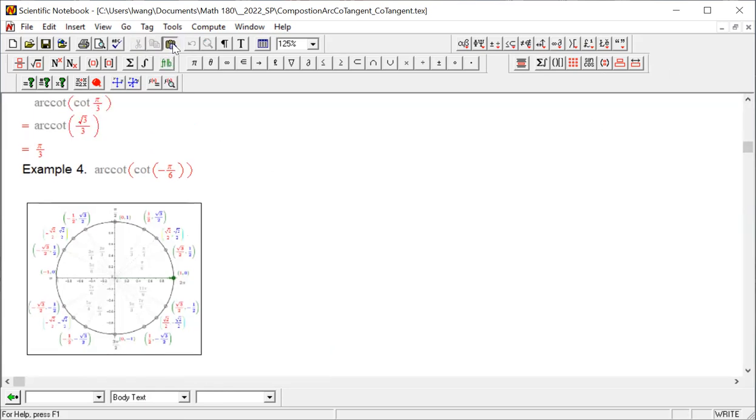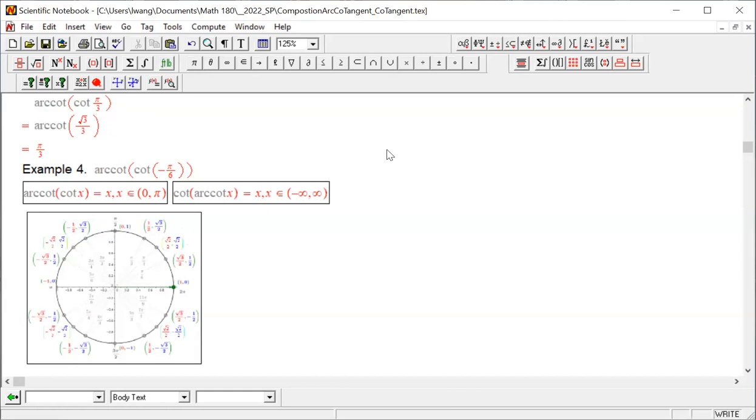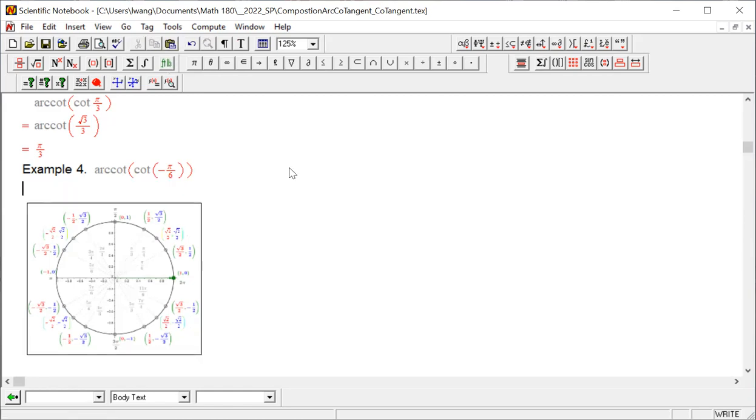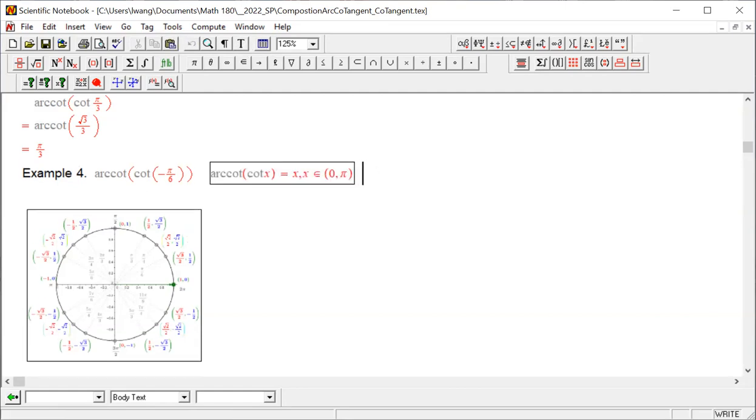It doesn't. This one doesn't apply for sure. Does this one apply? It doesn't, because the angle is not between 0 and pi. It's a negative angle, and this angle has to be positive, between 0 and pi. So this piece does not apply.